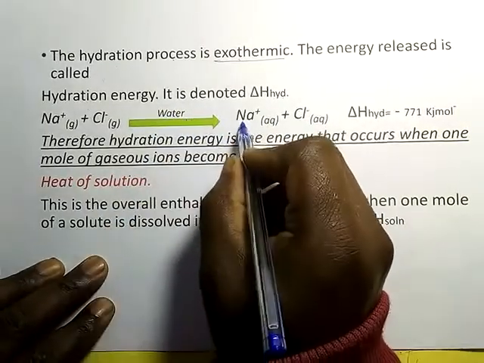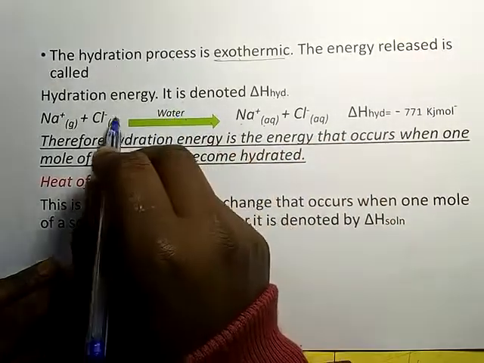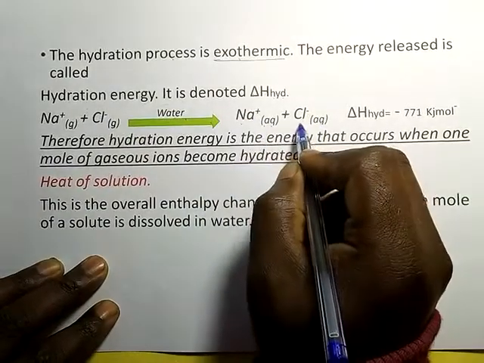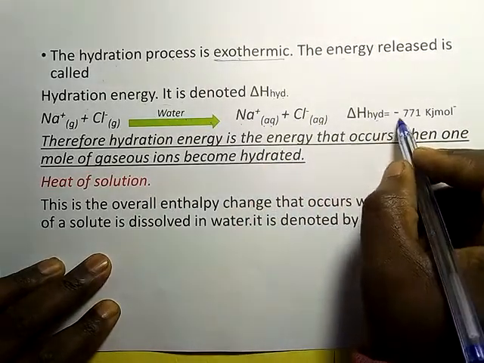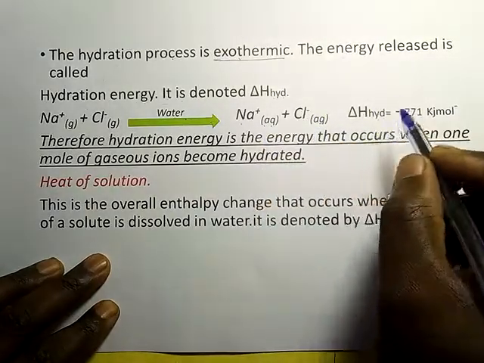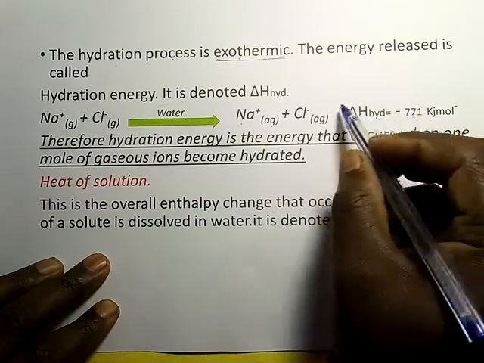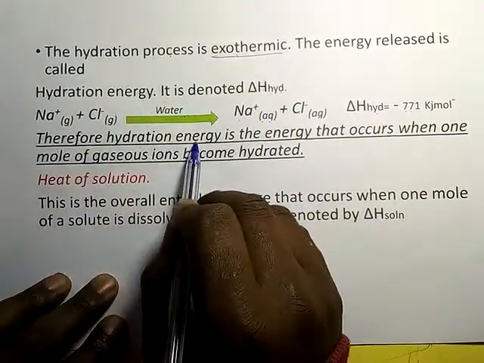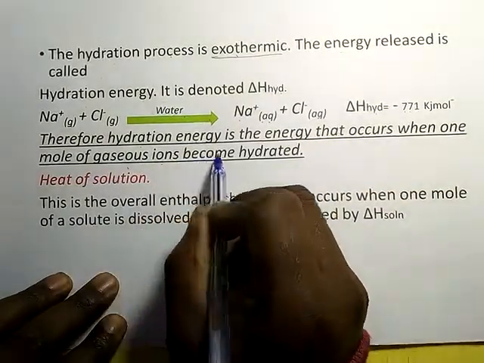Once they become hydrated, they change to aqueous, because they dissolve in water, forming an aqueous solution. The enthalpy change of hydration is negative 777 for sodium chloride, because the hydration process is exothermic. Therefore, hydration energy is the energy released when 1 mole of gaseous ions become hydrated.